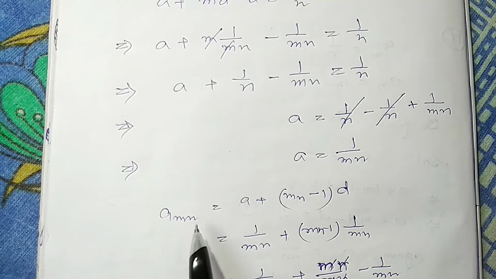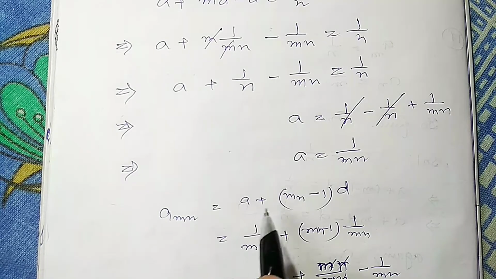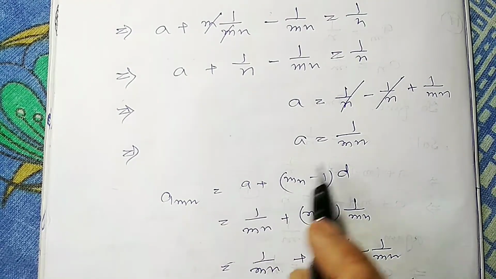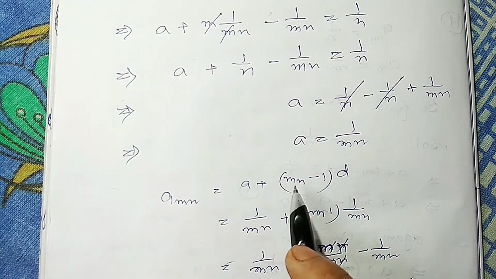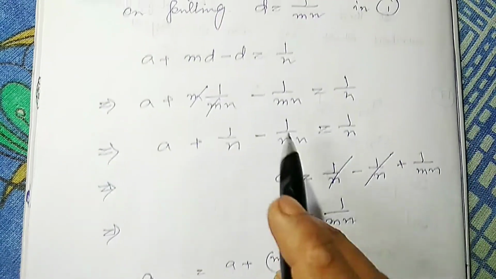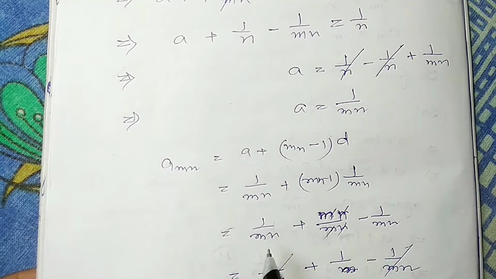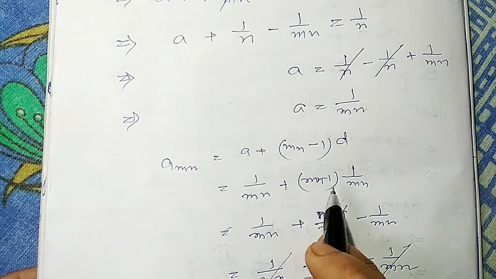So the mnth term will be a plus mn minus 1 into d. So a is 1 by mn plus mn minus 1, and d is 1 by mn. So we are replacing here 1 by mn into 1 by mn.